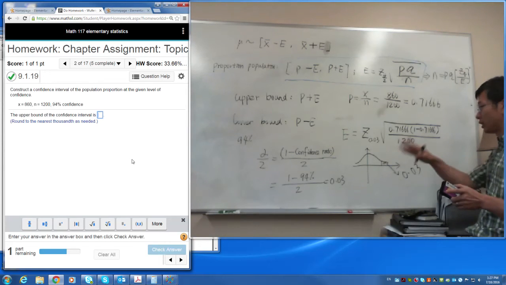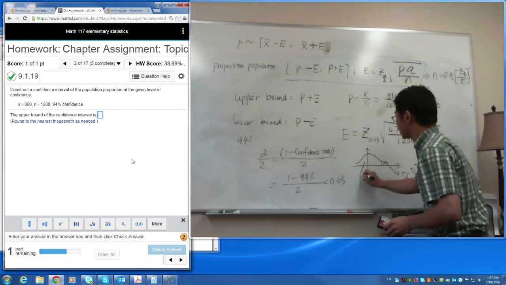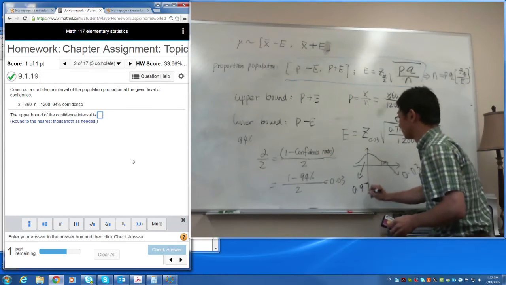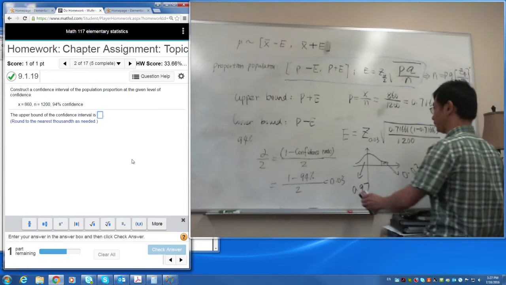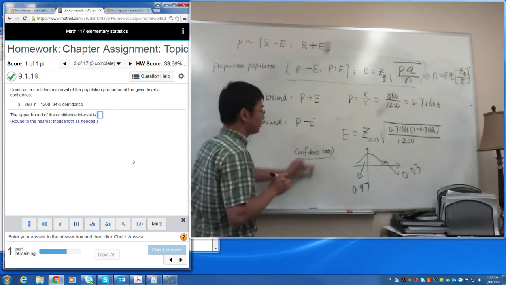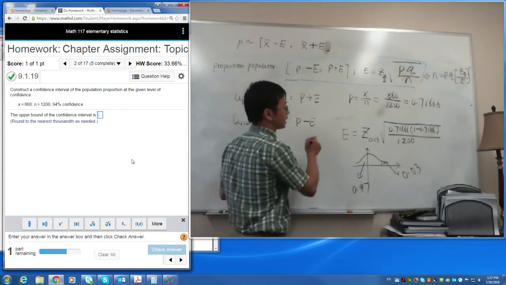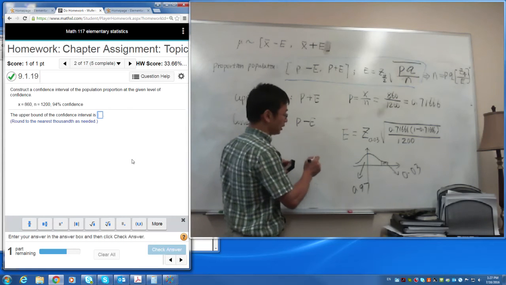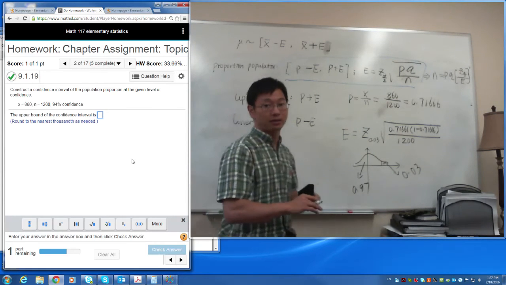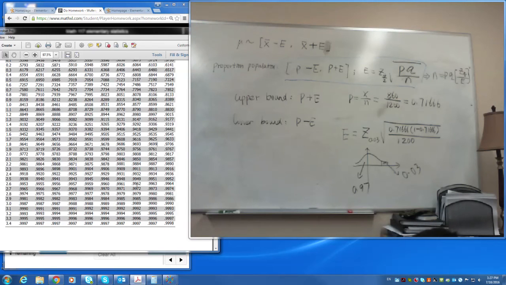Well, what area to the left? 0.97, right? So the left is 0.97. If it's 0.97, you can use the table now. The Z table gives you the Z score for 0.97. 0.9699 is right here.